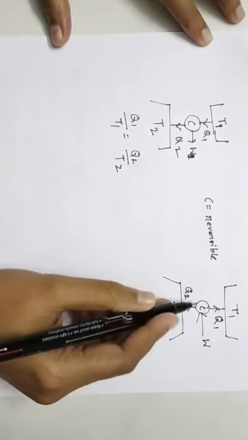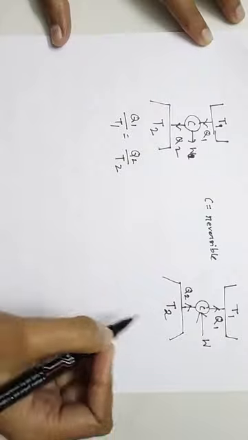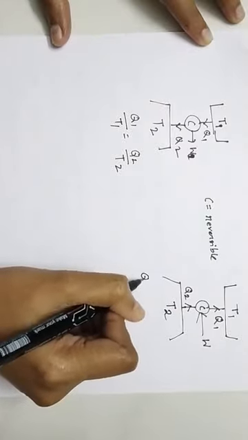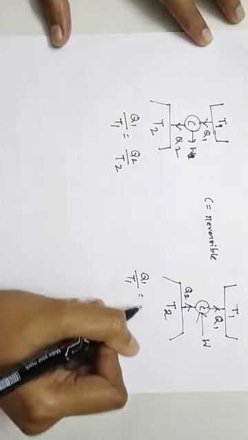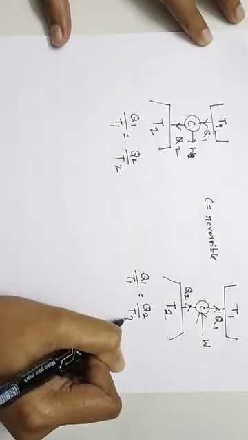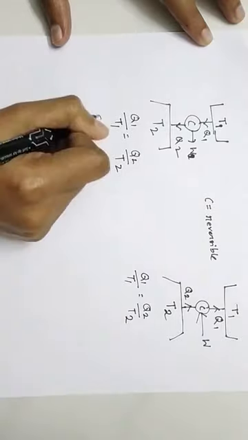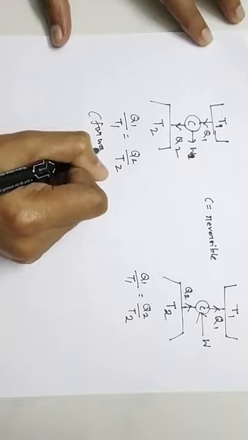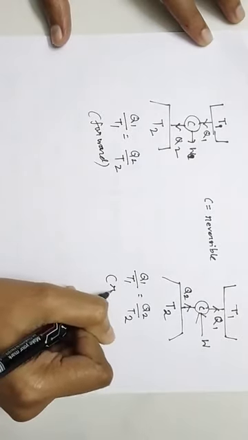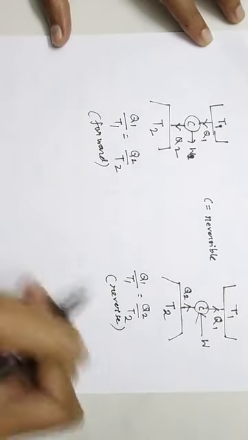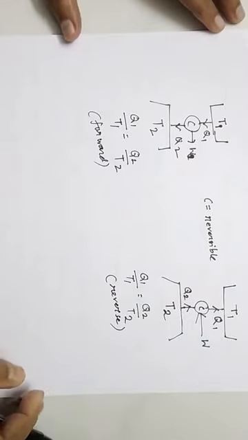Again, as it is the same Carnot cycle only in the reverse process, the relation Q1 by T1 equals Q2 by T2 is also applicable for the reverse process. So this is the forward process and this is the reverse process, but the relation is applicable for both.